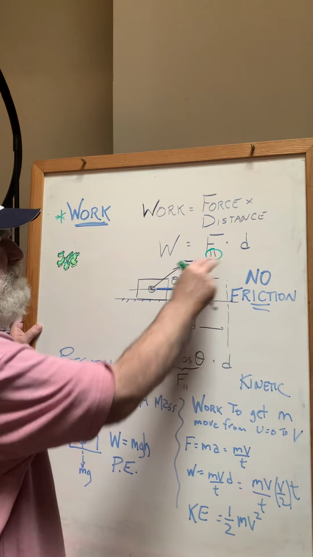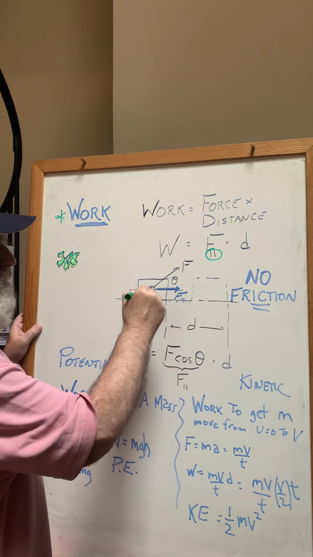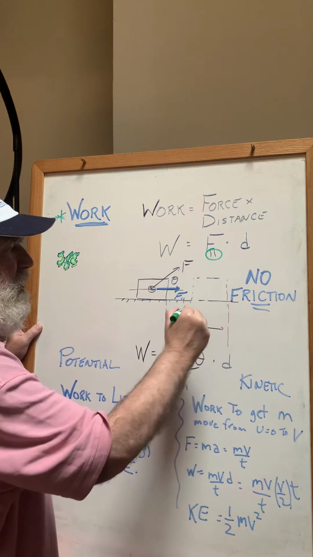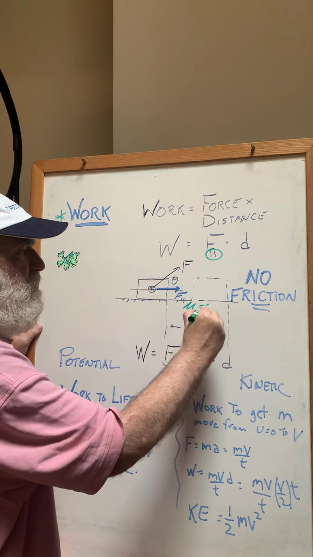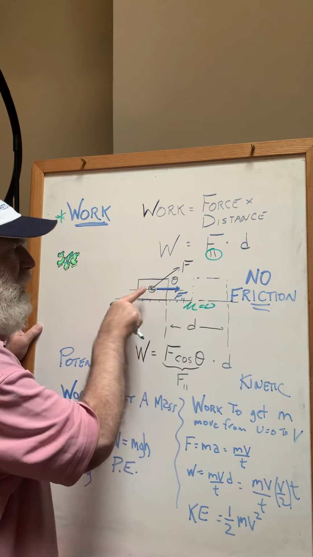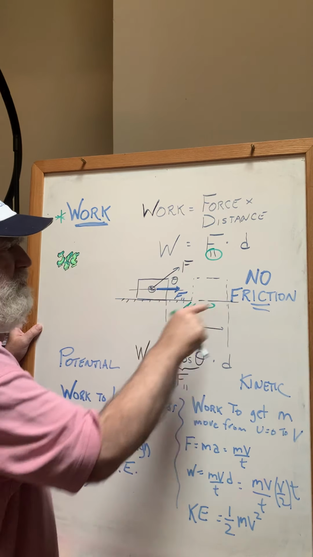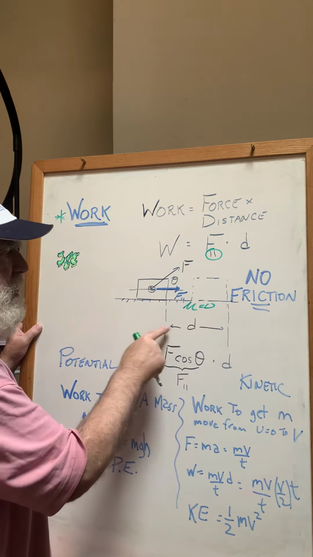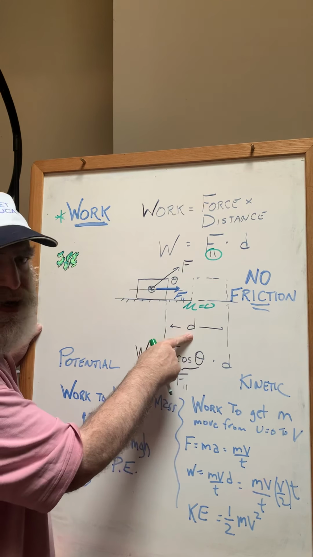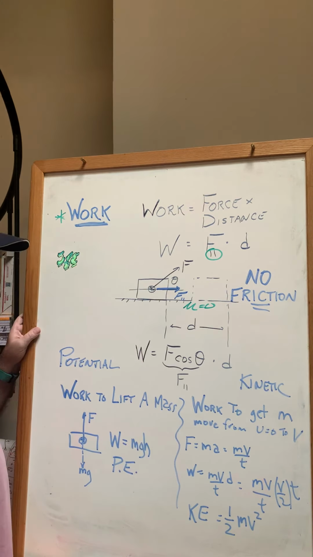parallel, times the distance. So if I have a box sliding on a no friction surface and I move the box by applying an upward force, like pulling a sled across some surface without friction, and I move it a distance d, in physics, how much work have I done?